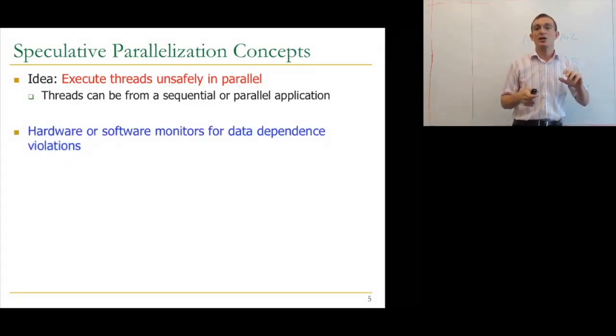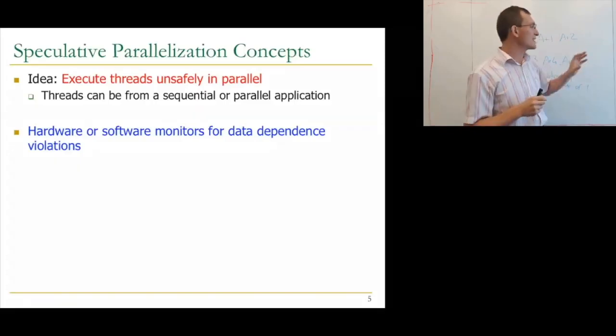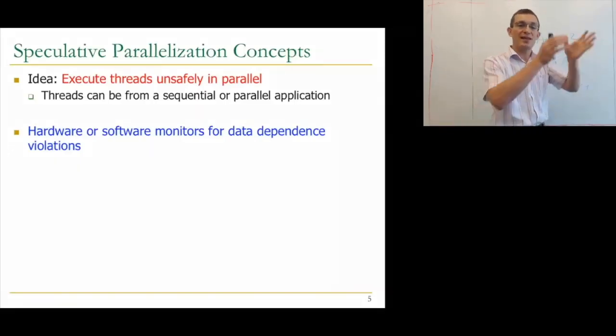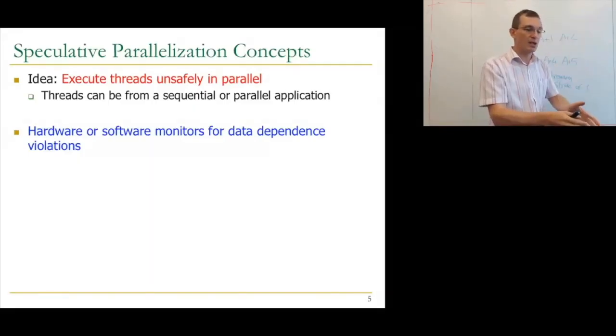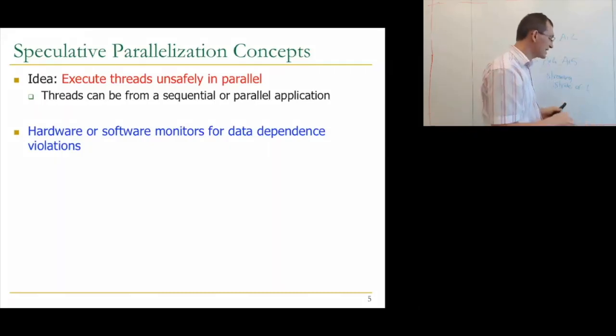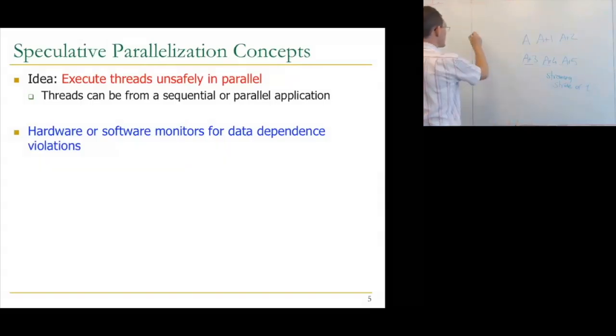We want to parallelize either a single thread application, or we want to expose more parallelism from a more parallel application. Once you start executing threads in parallel without knowing that they can be executed in parallel, they might actually have data dependencies. You need to somehow check for these data dependencies. Let's say you've generated thread 0, which is executing, and you speculatively fork thread 1, and you continue executing thread 0.